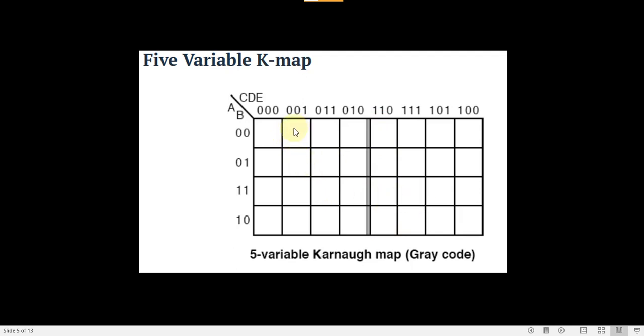And also the mirror image elements, like suppose this 001, which is the second one in the topmost row, and 101, which is the second last one in the topmost row. If you see the difference, only 1 bit differs, right? So you can club those also. When we see the examples, it will become even clearer.